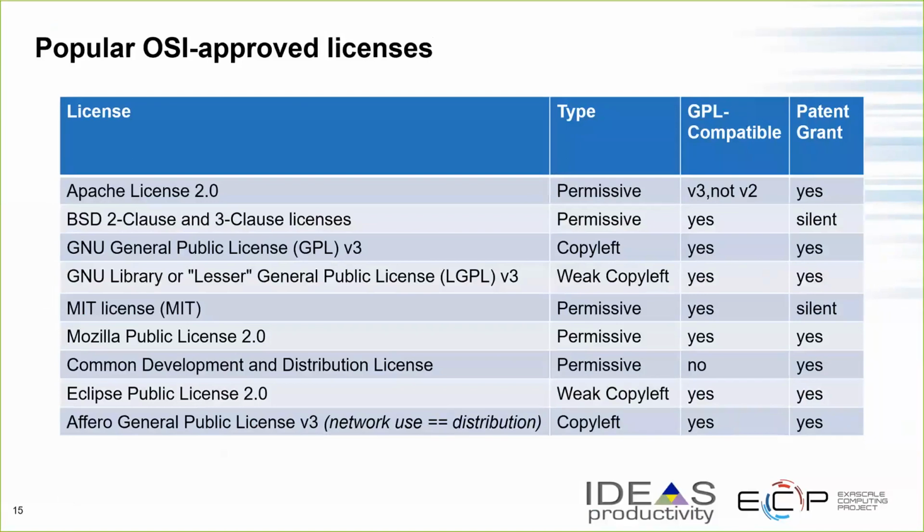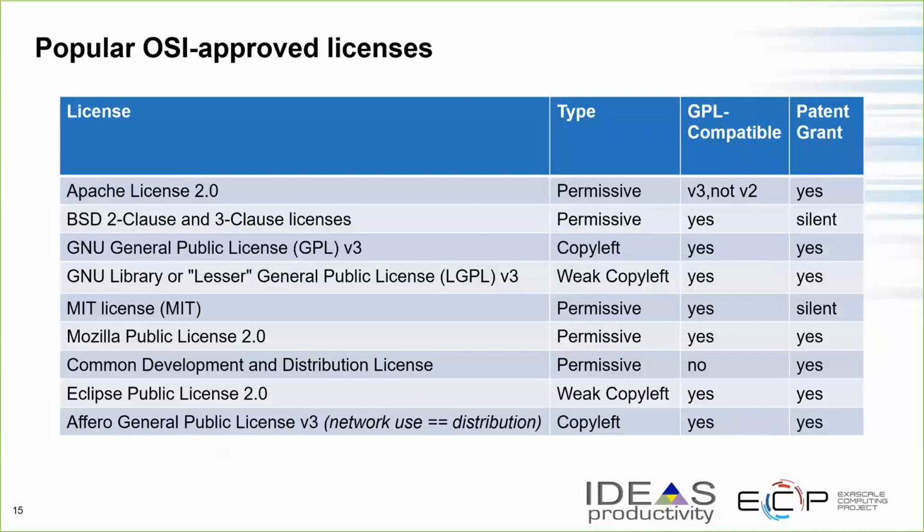The distinction is that if you use this software to provide a service, so now we're getting into the new model of software as a service, to the public, then you have to release whatever modifications you've made to that software under effectively a GPL style license.